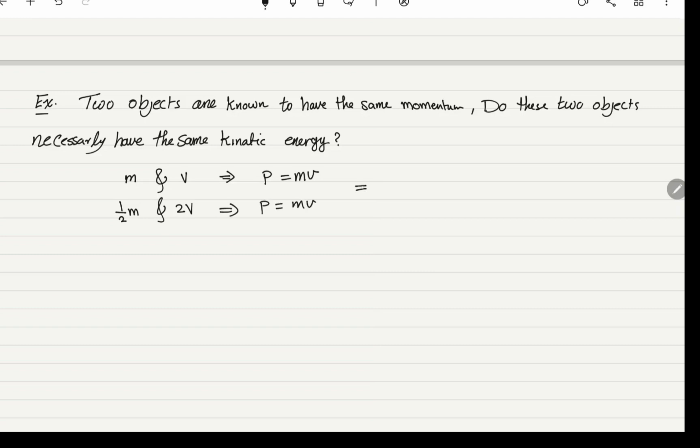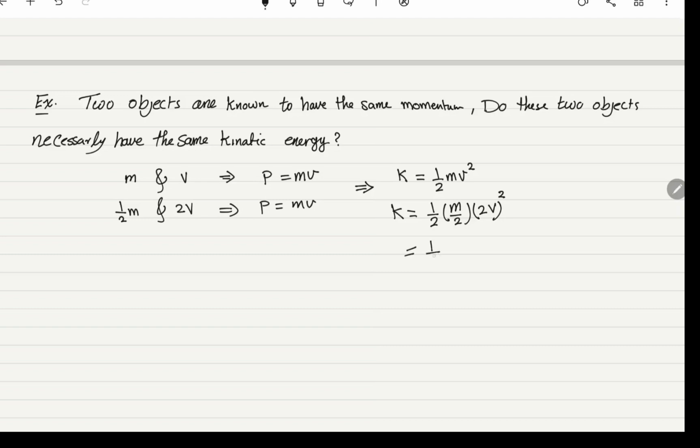Now let's calculate the kinetic energy for this case. For the first object, the kinetic energy is equal to half m v square. For the second, the kinetic energy is equal to half times half m times 2v square.